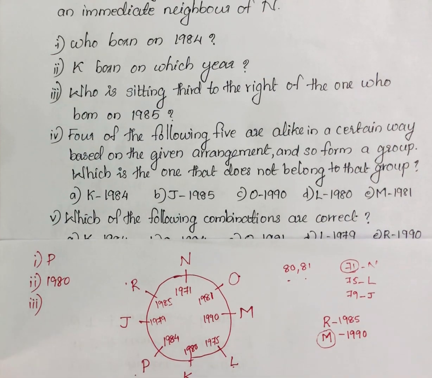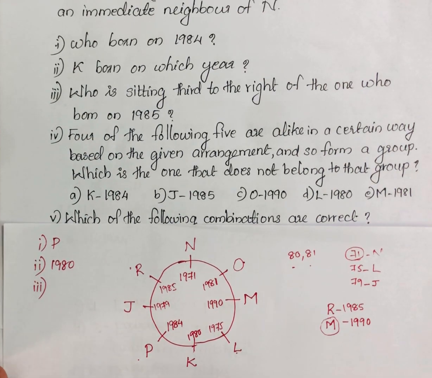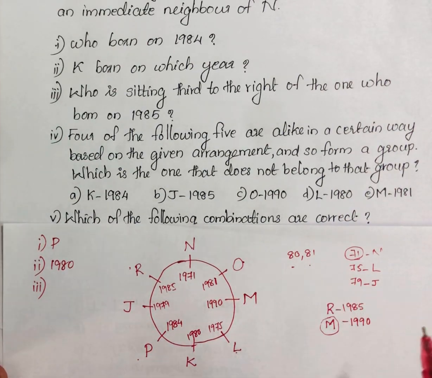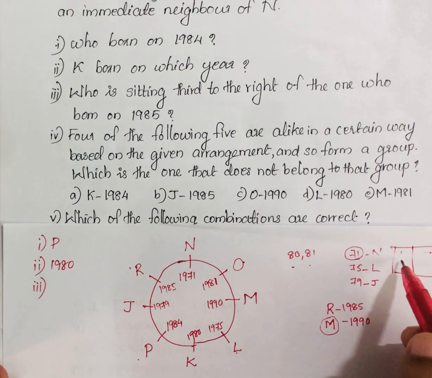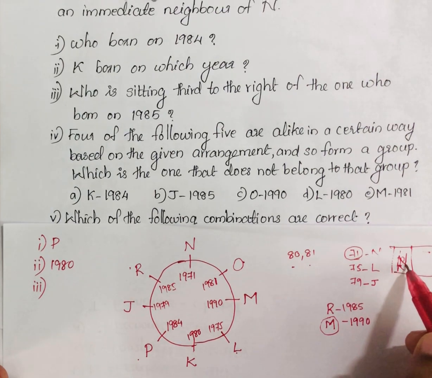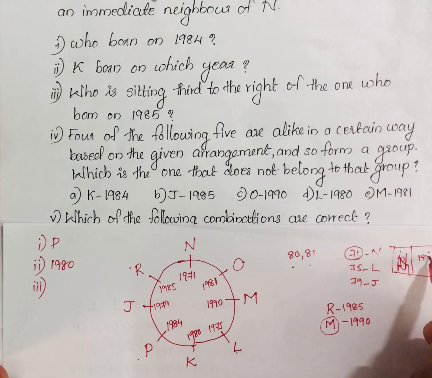Then third question, who is sitting third to the right of the one who was born in 85? Some people will draw these persons in a circular form and make a separate table for person and year. They will write the person's names P, Q, N, M here, then write the years here.